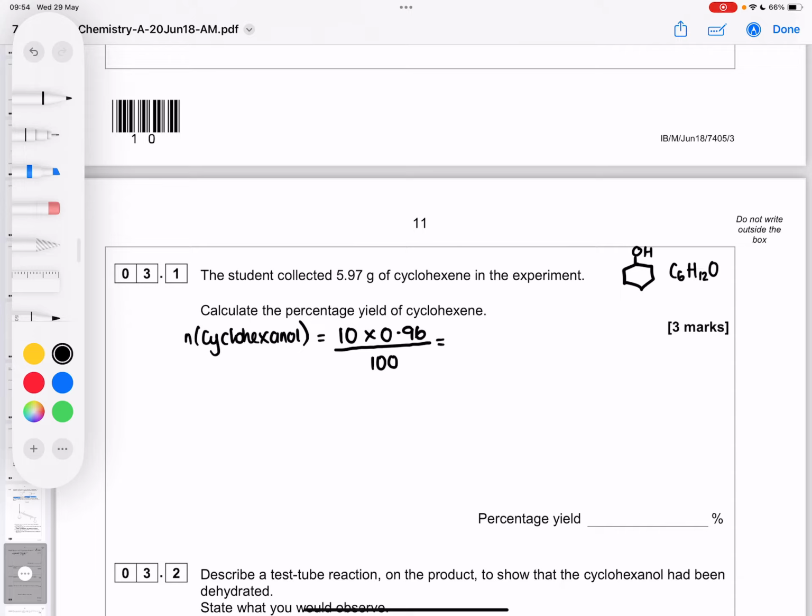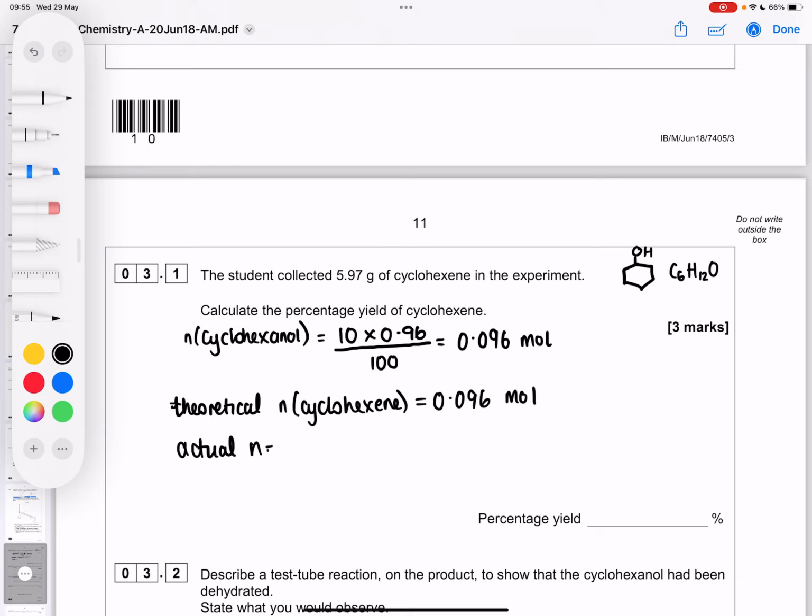So if we do this on our calculator, we get 0.096 moles. Now, the equation, if we remember, was 1 to 1, so the expected, the theoretical amount of cyclohexene is also 0.096 moles. How much did we actually make? The actual moles would be 5.97 divided by the Mr of cyclohexene, which is C6H10.